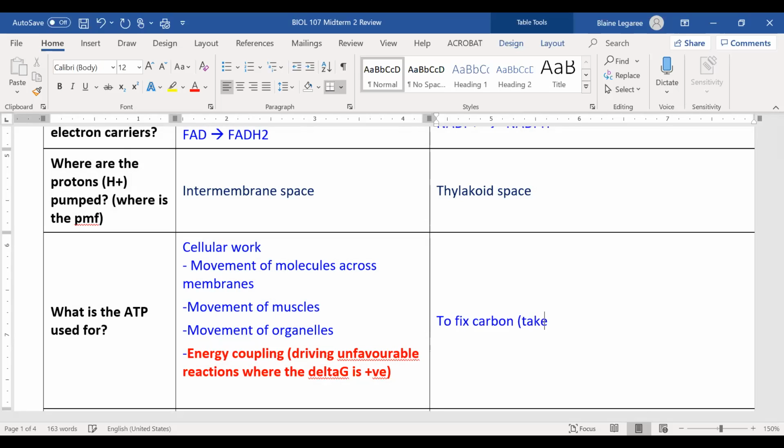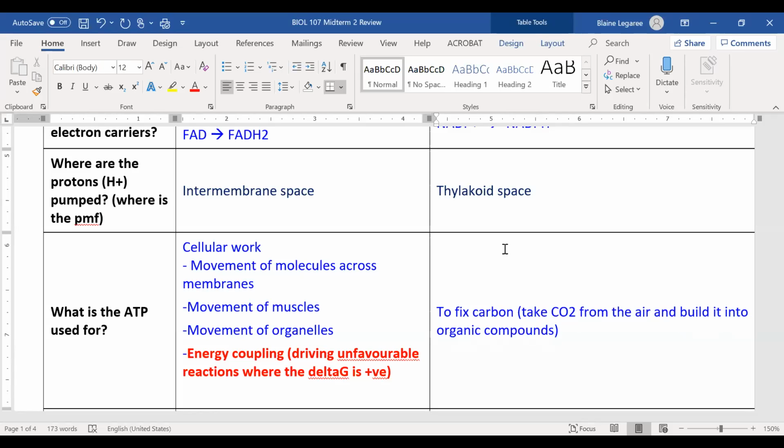That means take CO2 from the air and build it into organic compounds. So we're building things with ATP, and G3P is the product of photosynthesis.